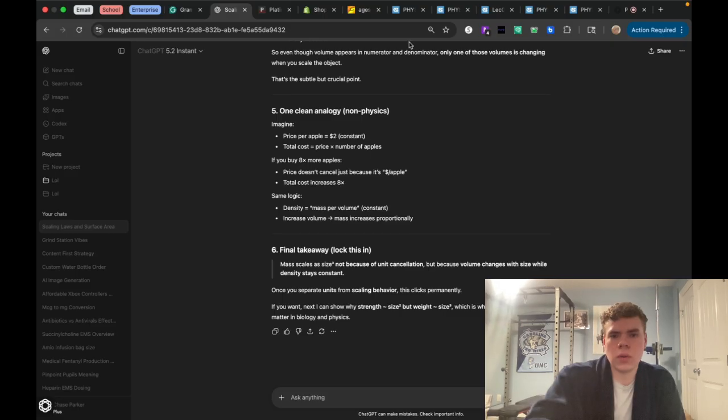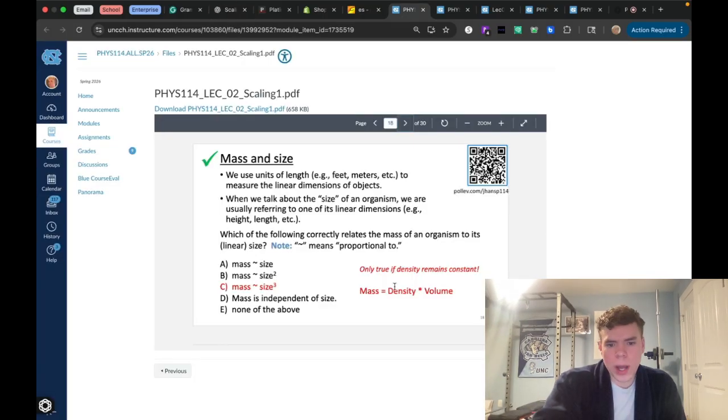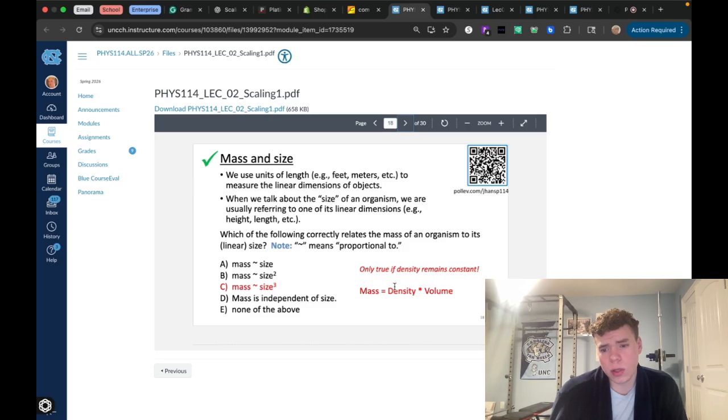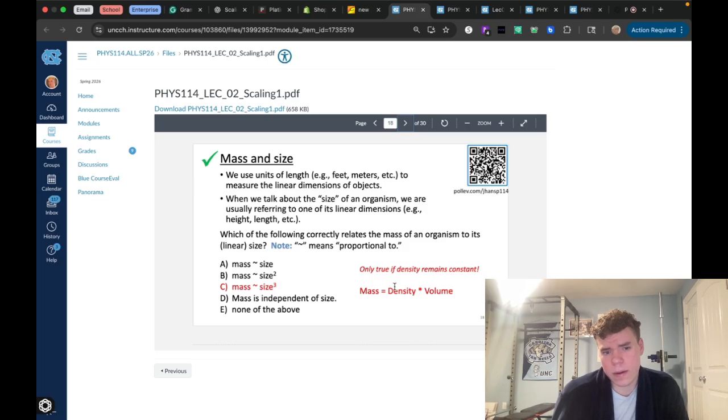Okay. I don't quite get it, I'm going to be honest, but it is what it is. So mass is equal to density times volume, and we know volume is unit cubed. Okay, whatever.